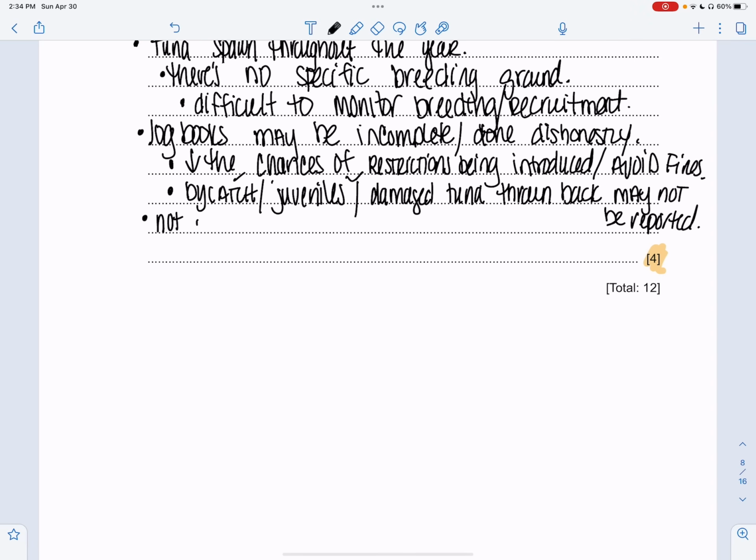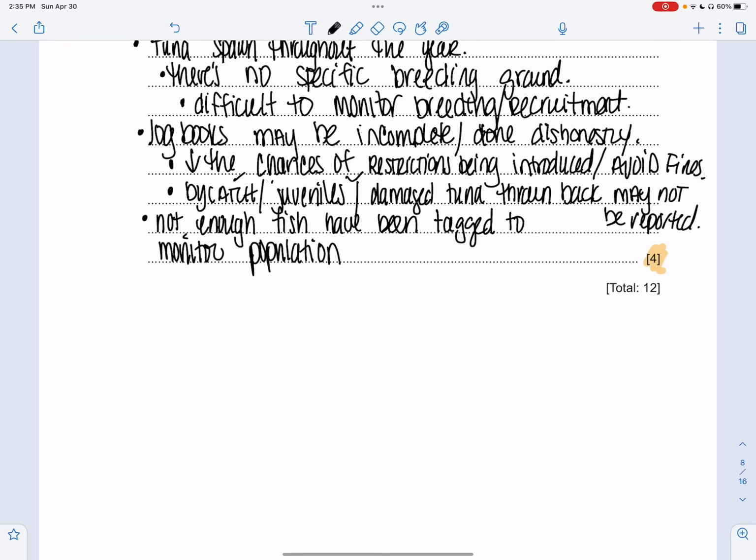Perhaps not enough fish have been tagged with a satellite tag to monitor population changes.